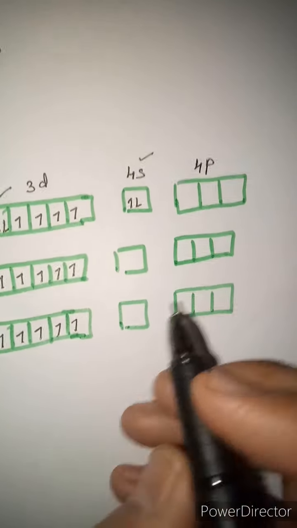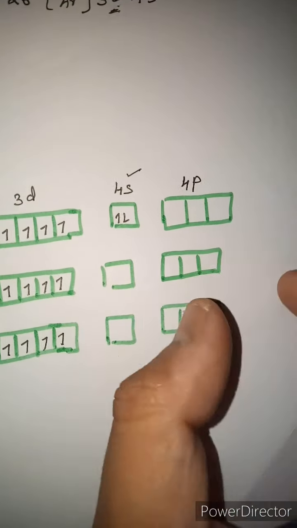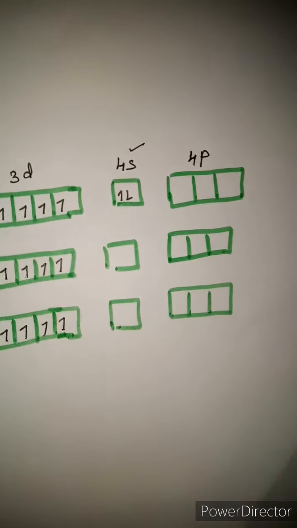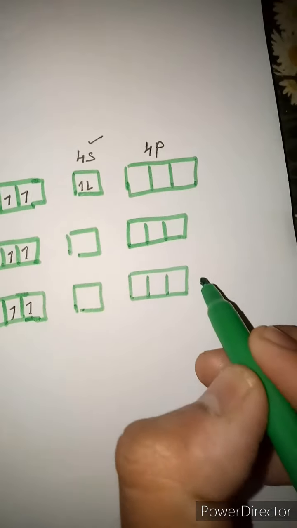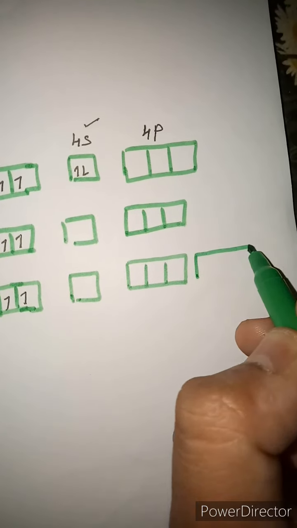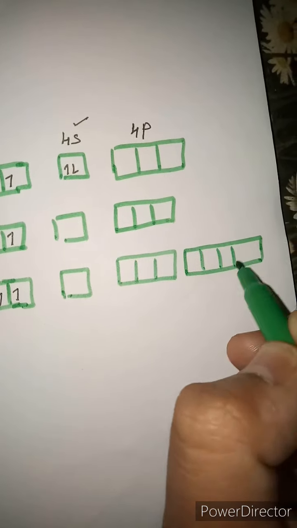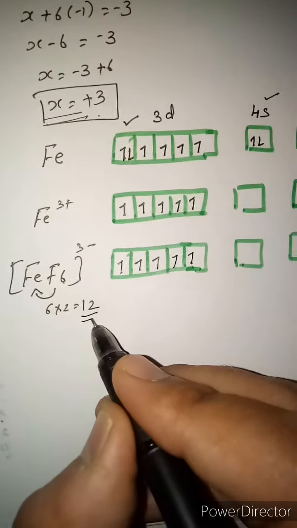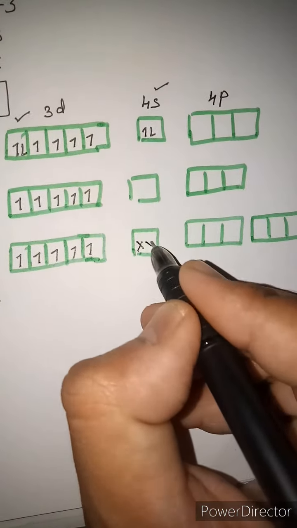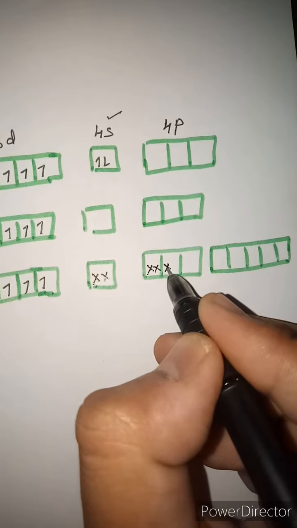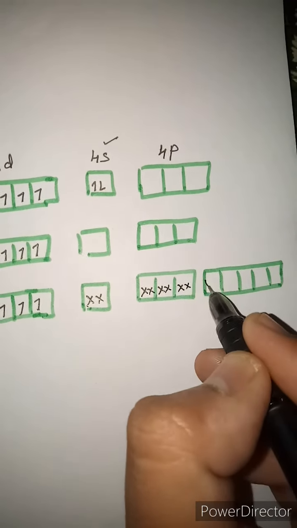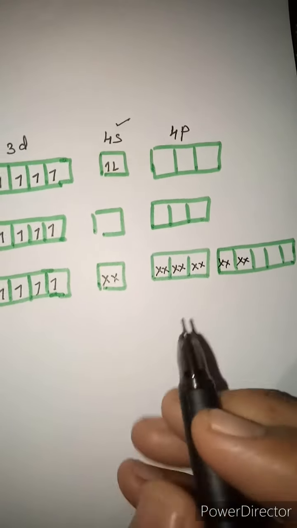Now coming back over here, when this is over 4p, now 4p will jump towards the 4d orbitals. So 12 electrons I will need to substitute over here: 1, 2, 3, 4, 5, 6, 7, 8, 9, 10, 11, 12.